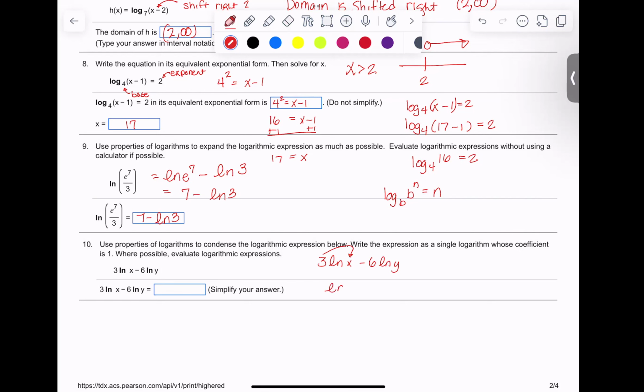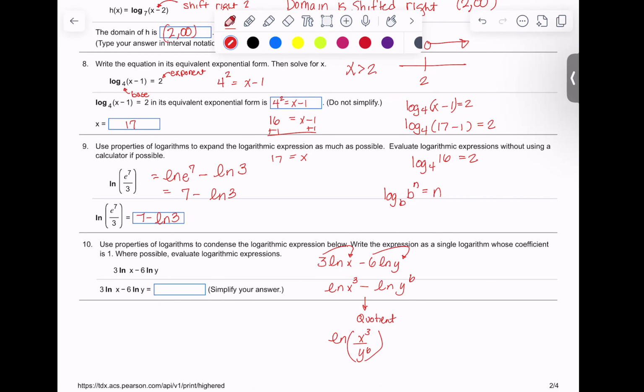So we've got the natural log of x to the third minus... We're going to take that 6 in and make it an exponent on the y. And then we have a difference, so that's going to become a quotient. So it's going to be the natural log of the first thing, the x to the third, and we're subtracting the natural log of y to the 6th, so that goes into the denominator.